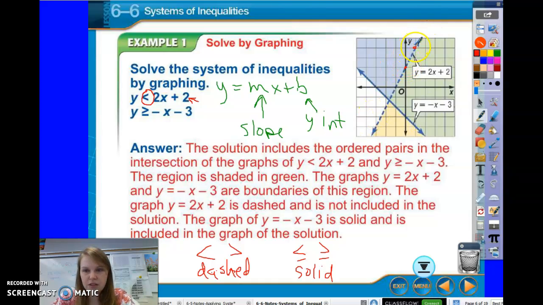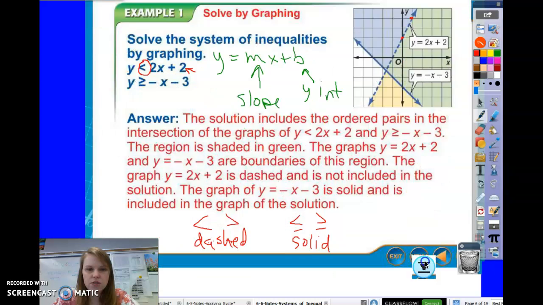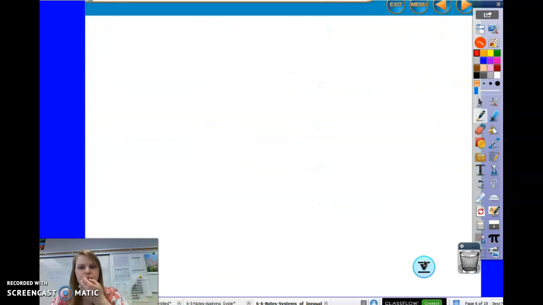Okay, so dashed line. Now that you have this line and this dot here, and we've learned that this is a dashed line, we need to figure out which way to shade this. In order to do that, do a test point. Let's do a test point of 0, 0. So y is less than 2x plus 2, right?